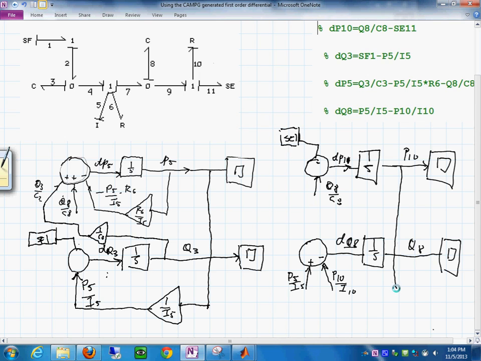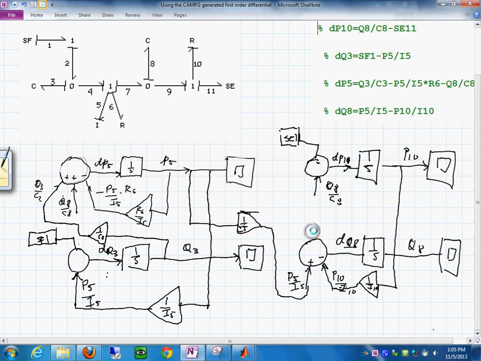We'll take this, multiply by 1 over I sub 10, and you have that. This piece of 5 over I sub 5 comes from here. I would do this, put 1 over I sub 5, and then you do the connection right here.